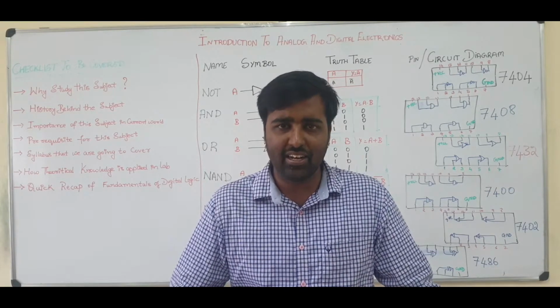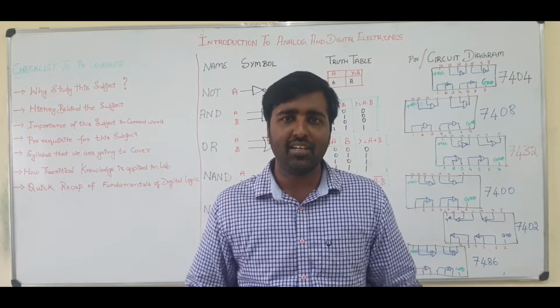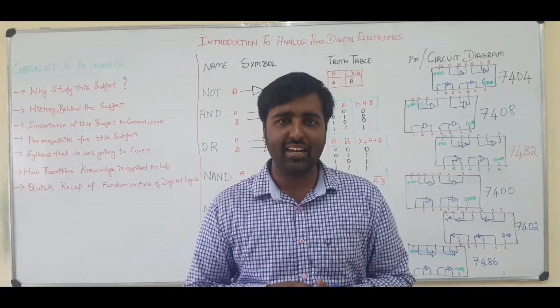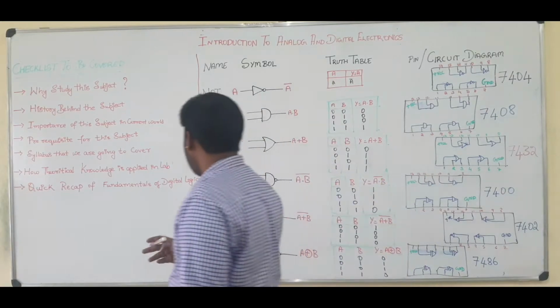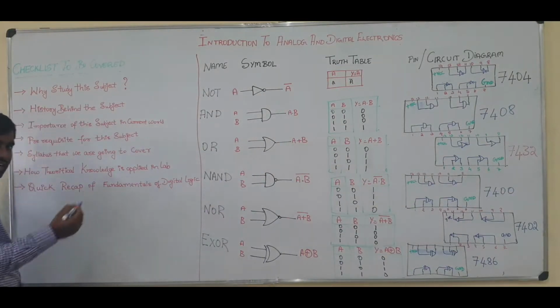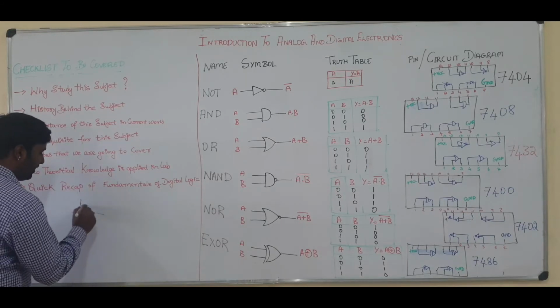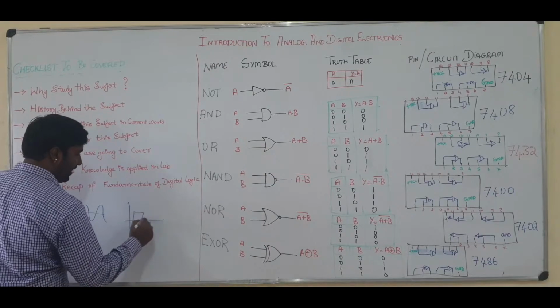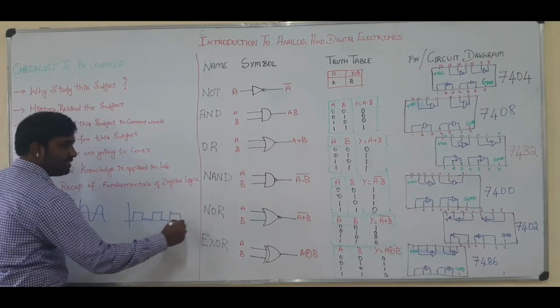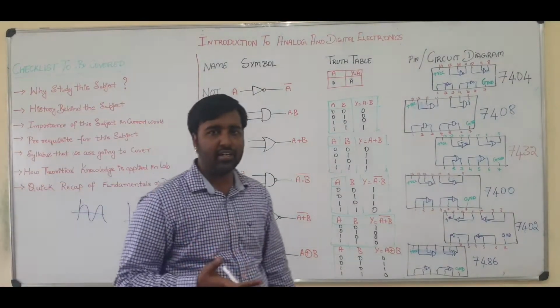Digital means it is divided, like a digital calculator or a digital signal which is generated. If you consider a graph, analog is continuous in nature, a sine wave. Digital is discrete in nature. So this is the basic difference between analog and digital.